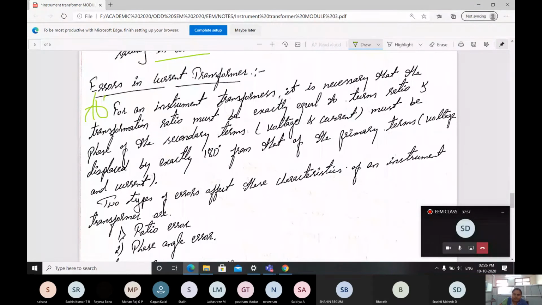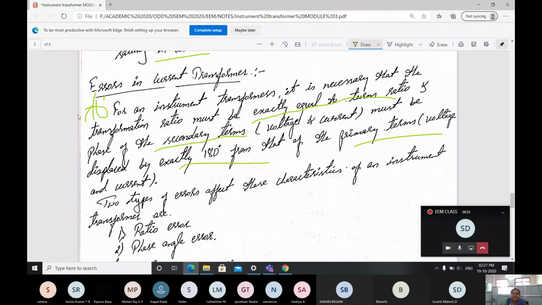For instrument transformers, it is necessary that the transformer ratio must be exactly equal to the turns ratio, and the phase of the secondary terms, that is voltage and current, must be displaced by exactly 180 degrees from that of the primary terms in terms of voltage and current.